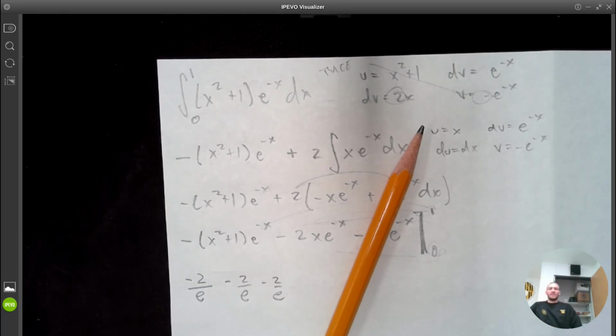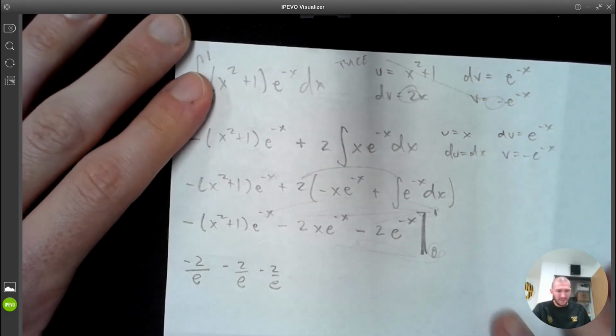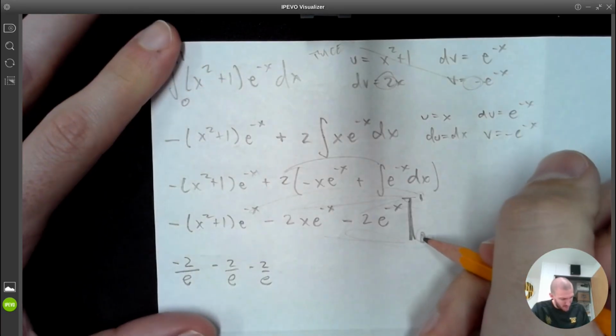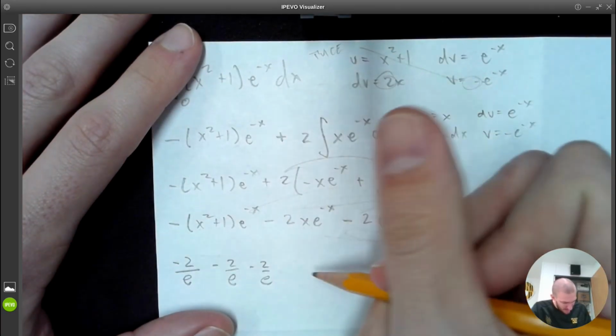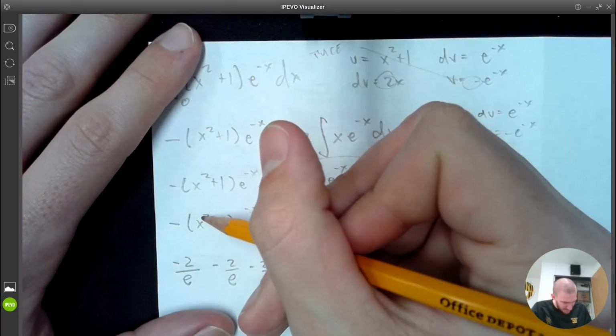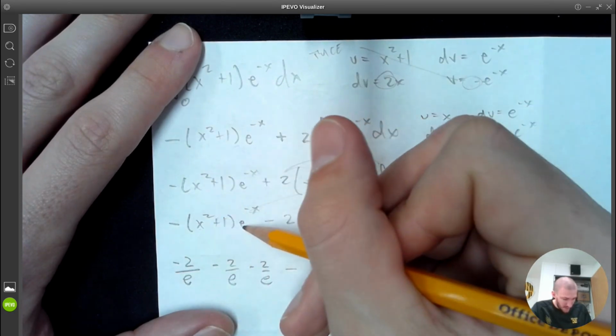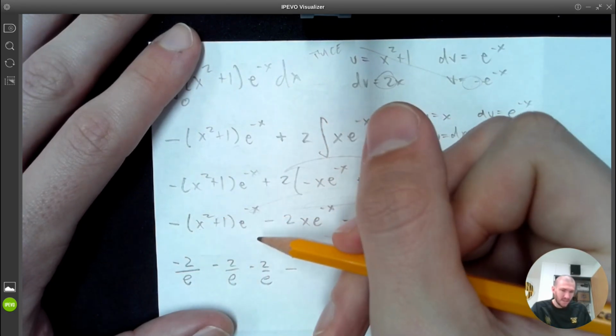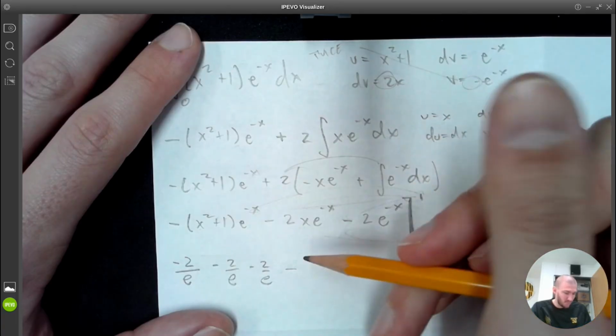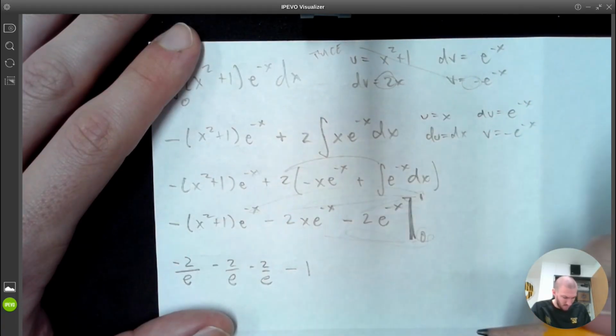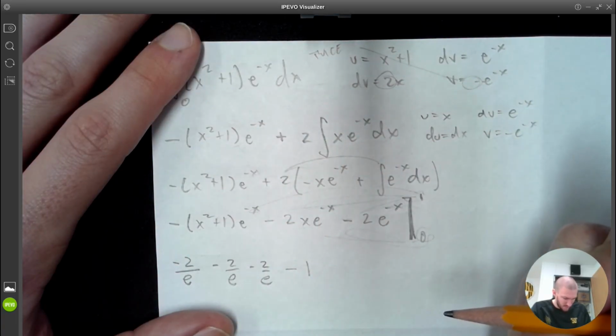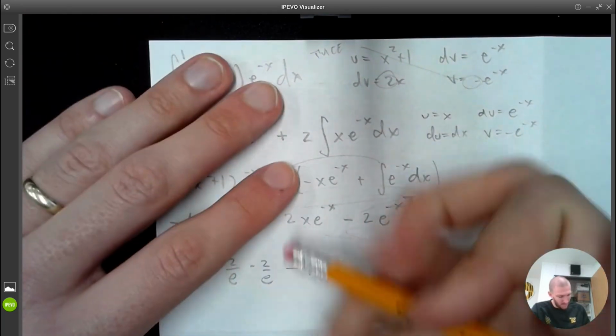I just want to do integration by parts. Plug a 0 in. That's negative 0 plus 1 is 1. E to the negative 0 is e to the 0, which is 1. So this should just be negative 1. But hold up.